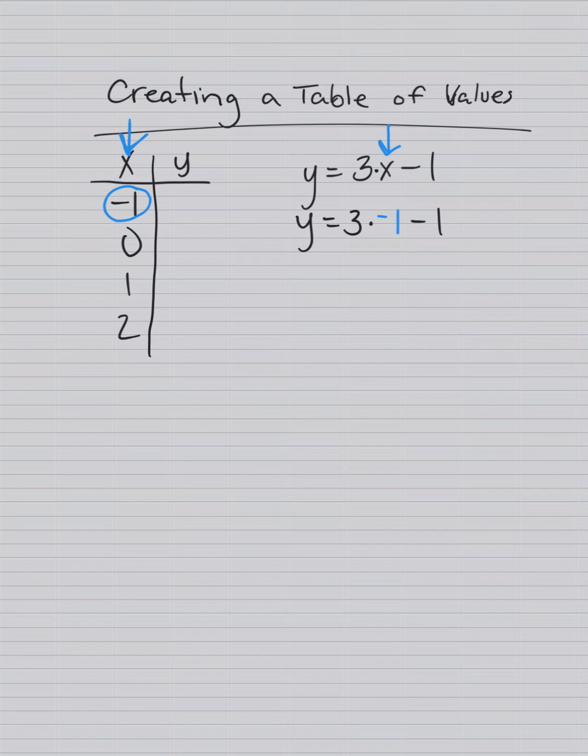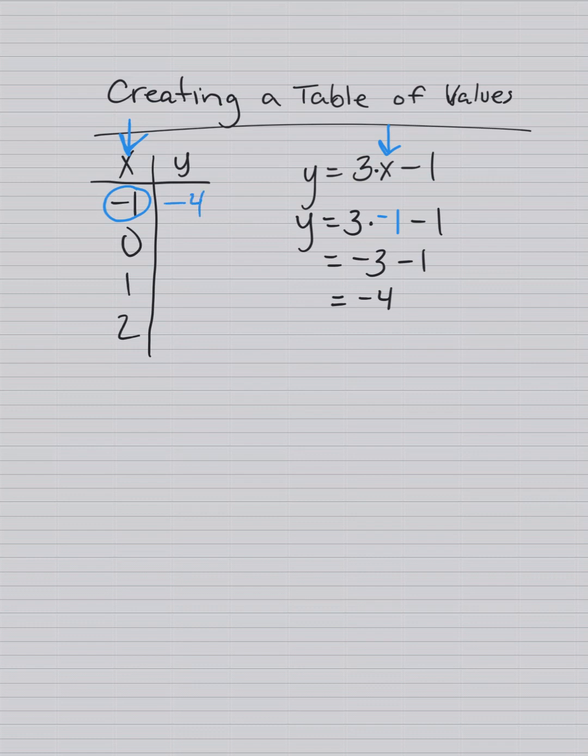And then we're going to use order of operations to solve. 3 times -1 is -3, drop down the -1, -3 minus 1 is -4.